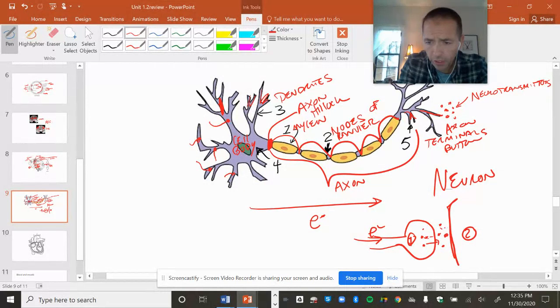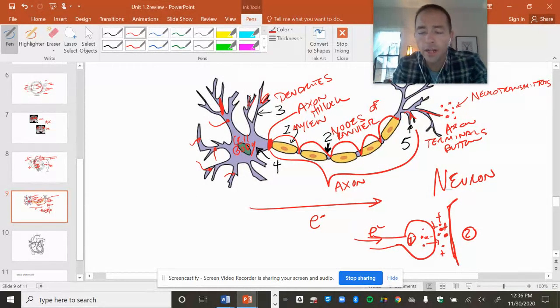So these little neurotransmitters might be saying, hey, you need to fire, positive, positive, positive, positive. And some of them that come in might say, no, you need to not fire, right? So depending on what kind of signal, what kind of neuron, we can get different types of neurotransmitters activating or deactivating another neuron that follows that.